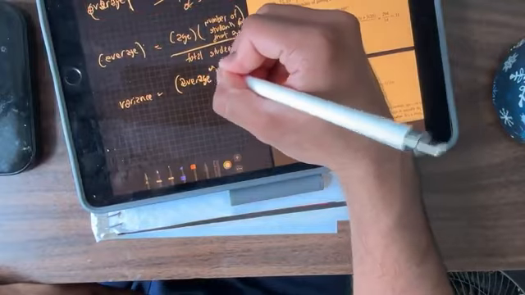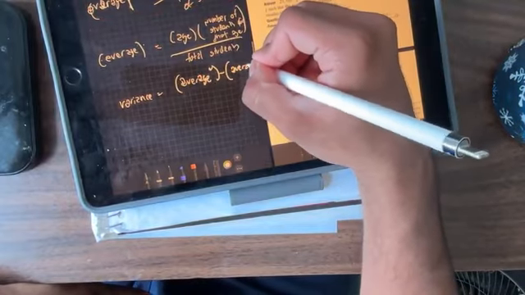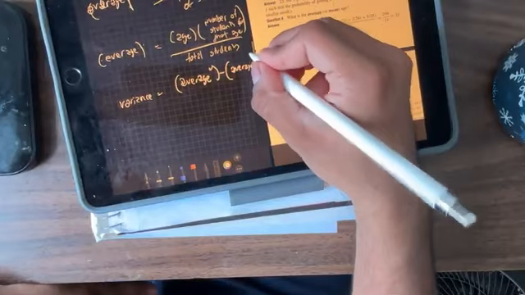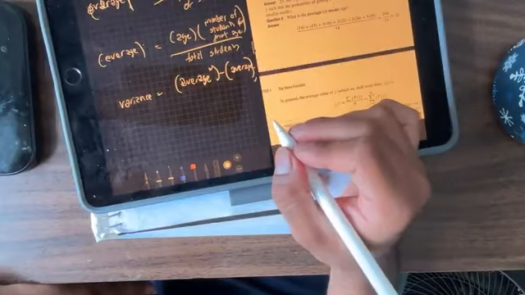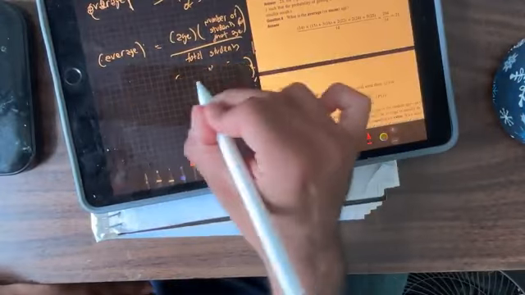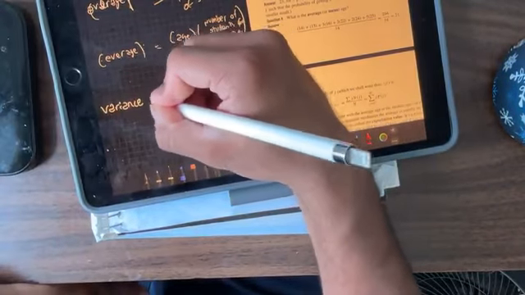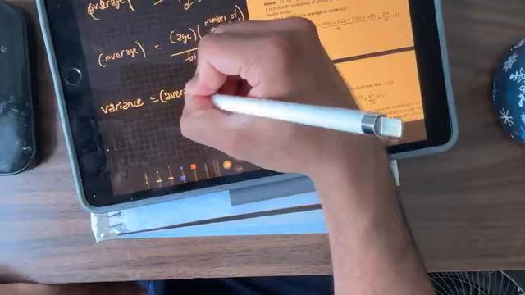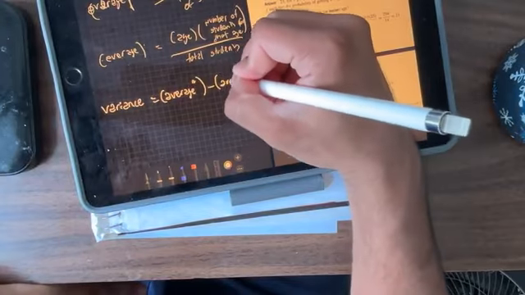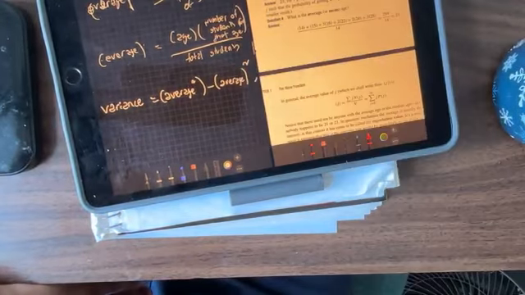So average square minus average whole square. So your variance, let's write it down again: average square minus average whole square.